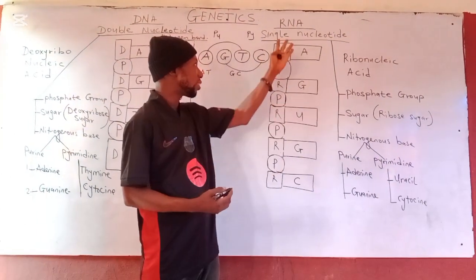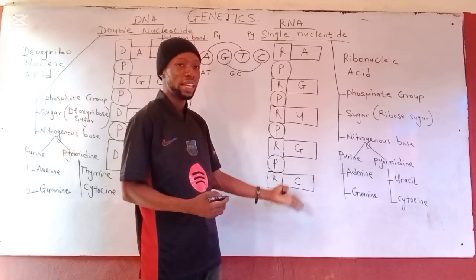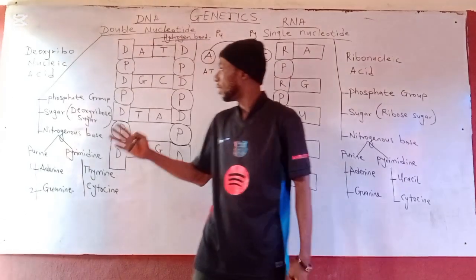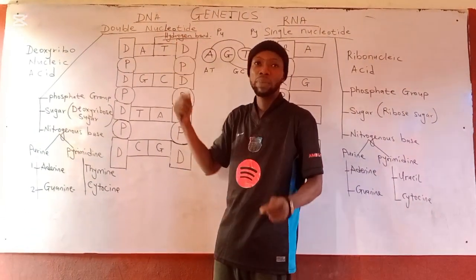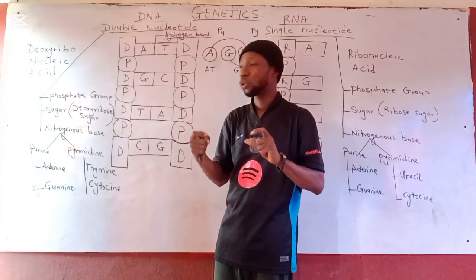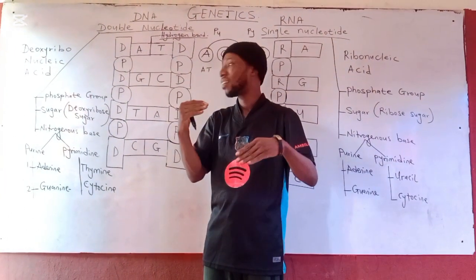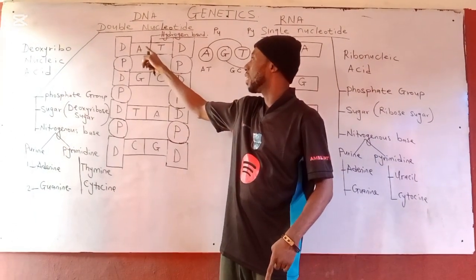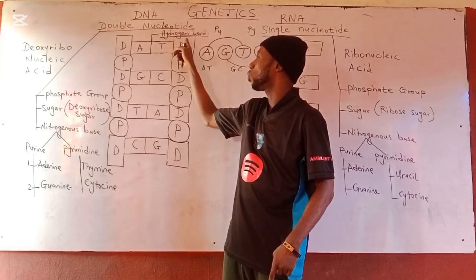So this is the structure of RNA that has a single helix strand because of the single nucleotide, and this is the structure that has double nucleotide, which makes it possess a double helix structure, making the DNA look like a ladder.